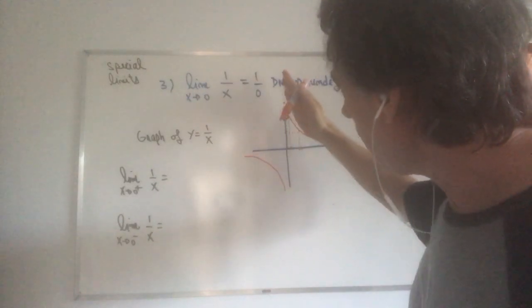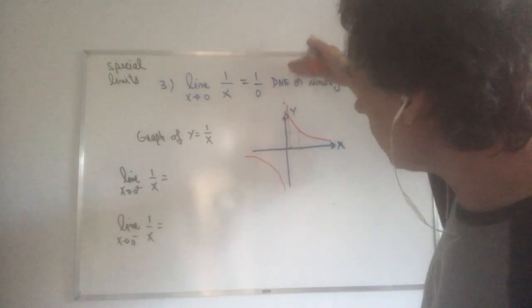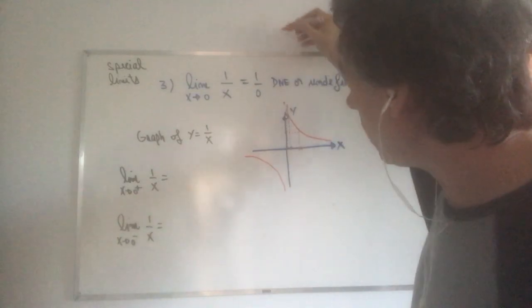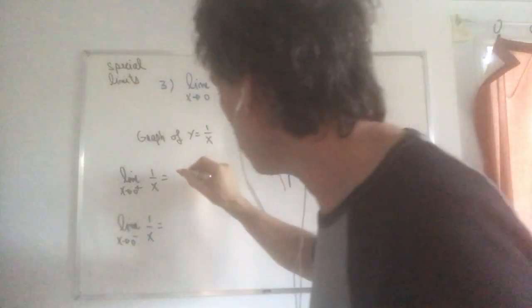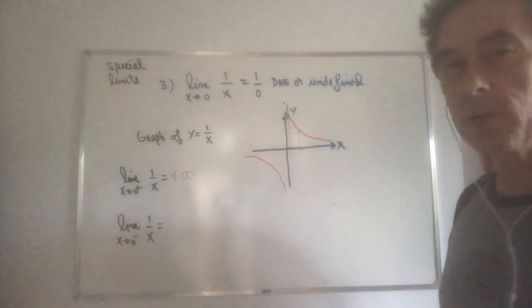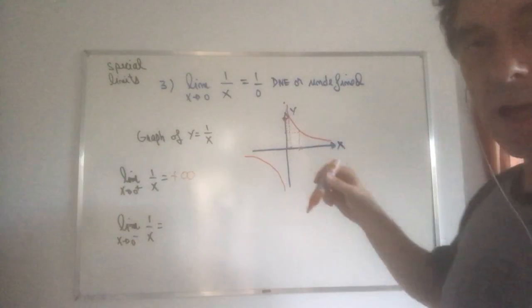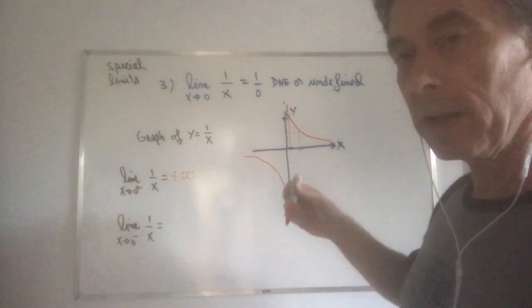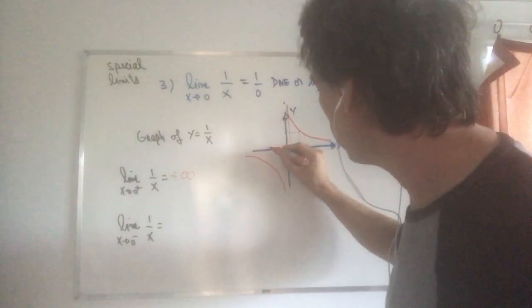Because the curve actually goes up and the y-axis is an asymptote, it'll never touch, but it will keep on going up and up and up, and these points will keep on going up and up and up again. We say that this limit is actually equal to plus infinity. So a very special limit that actually has a non-real number answer.